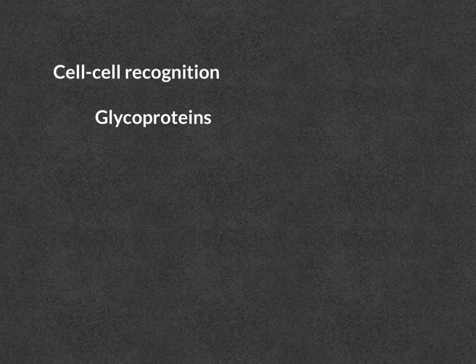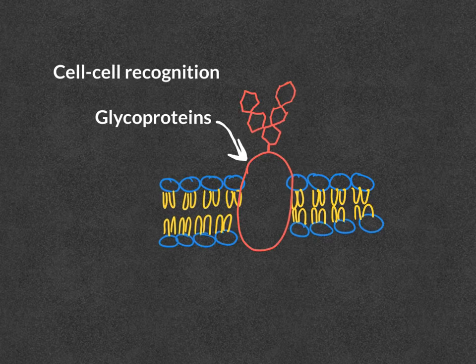Some of the glycoproteins can act as identification tags for that cell. These identification tags are then recognized by membrane proteins of other cells when they come into contact with one another. This binding of one cell's membrane proteins with the other cell's identification tag or glycoprotein is a very short-term binding.